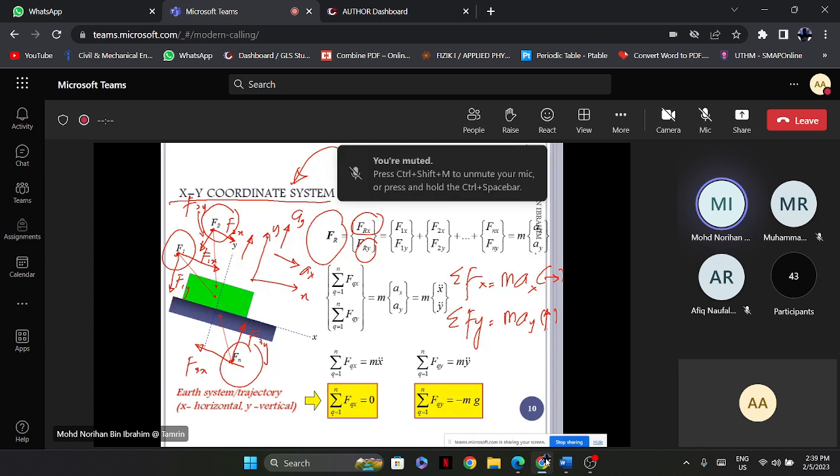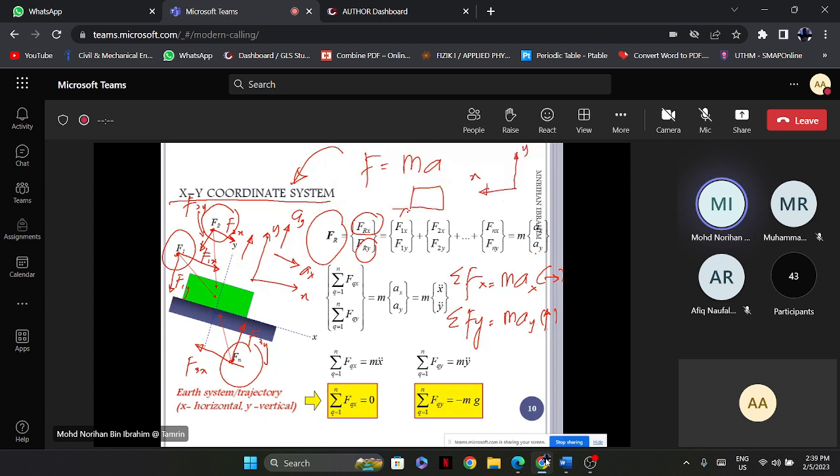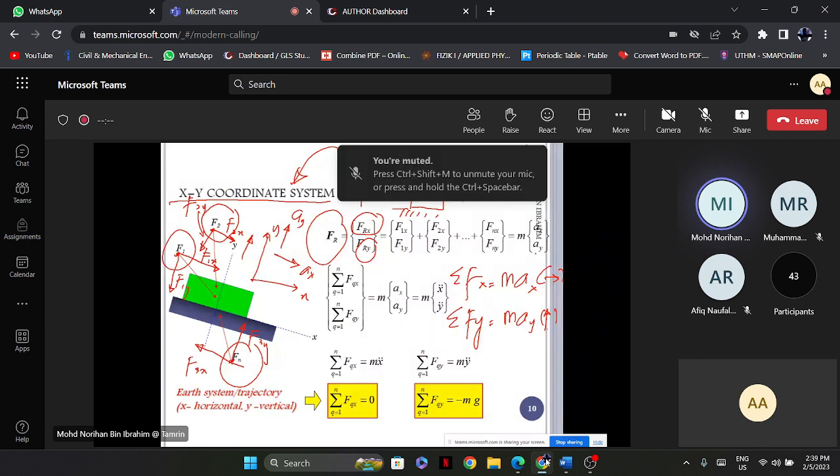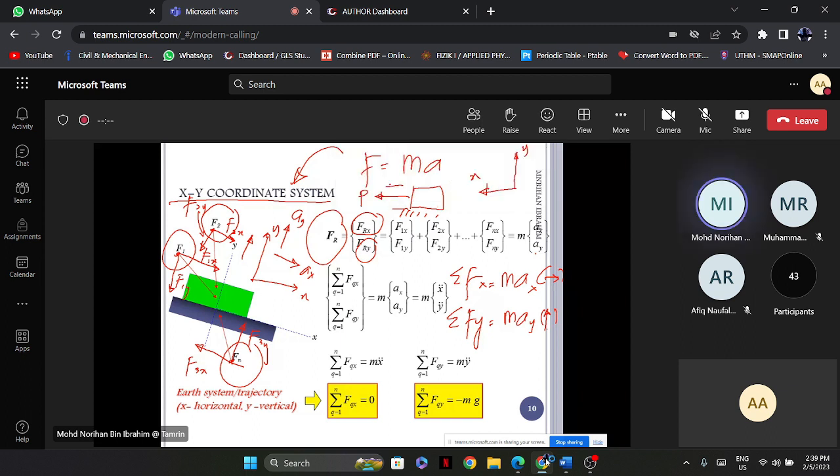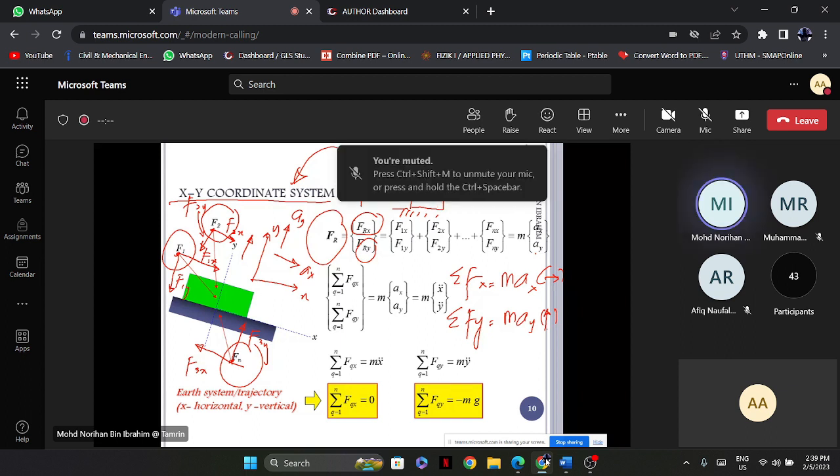If we have this kind of block located on this surface, and we pull this block, P is the external force, it will of course have the tendency to move to the leftward at an acceleration of a. Then we can use the positive sign convention of x and y, x positive to the leftward and y upward, something like this. So this is our positive sign convention or our reference.